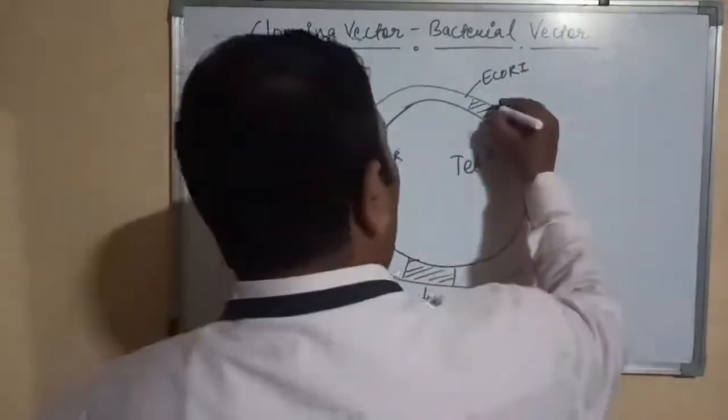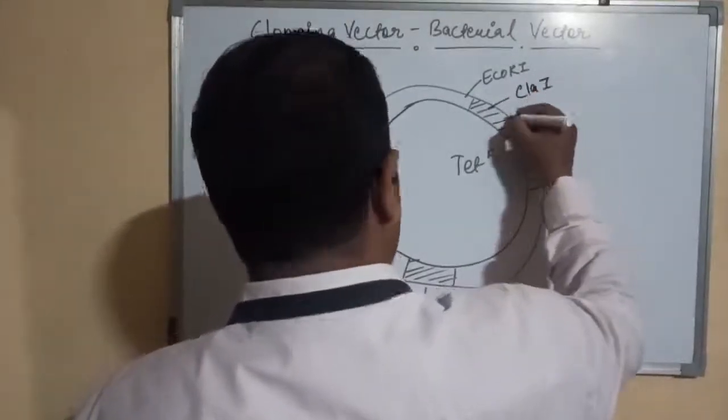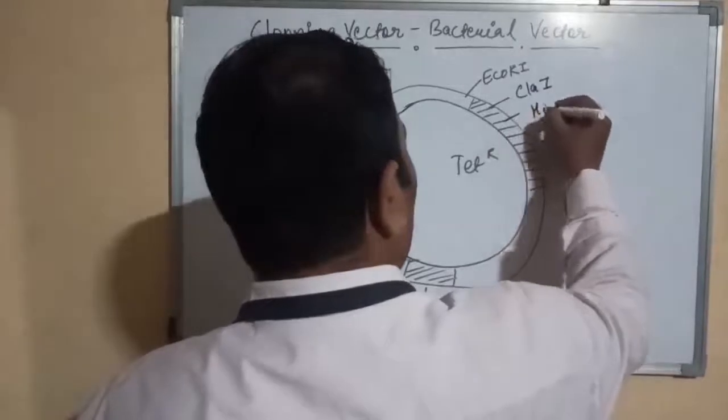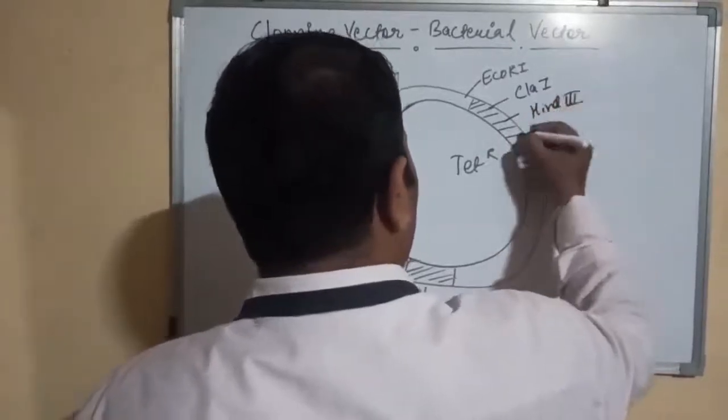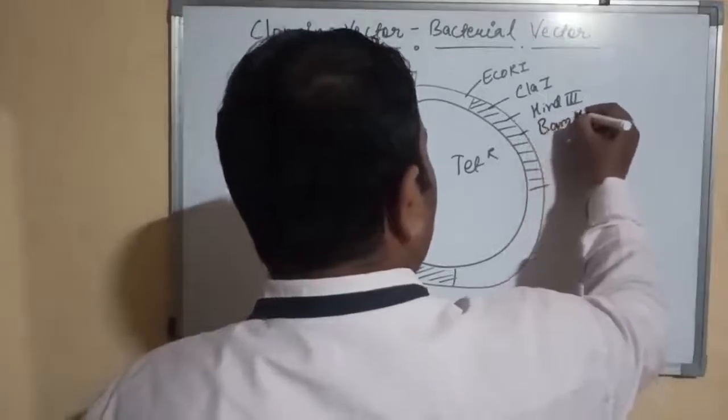In this diagram, I am mentioning a few important restriction enzyme sites that are readily used for cloning experiments.